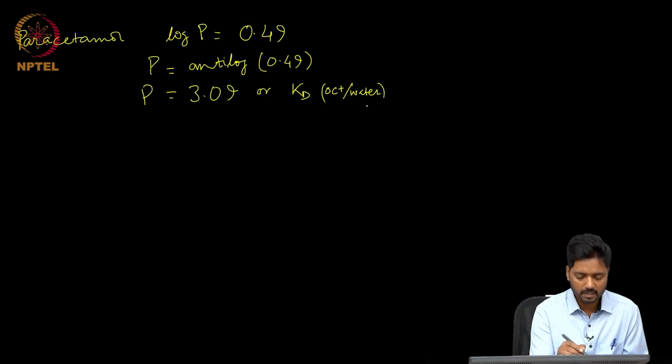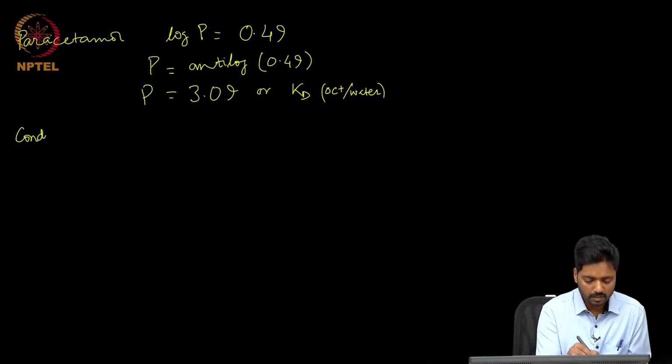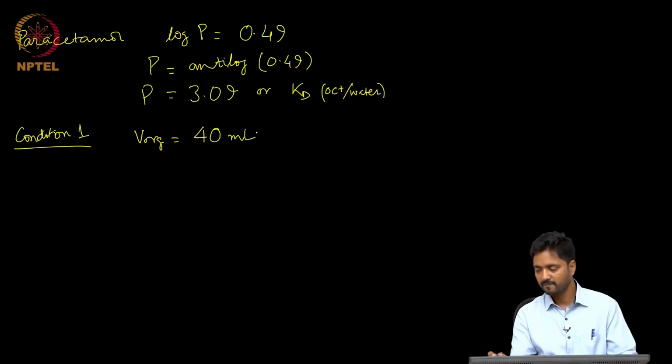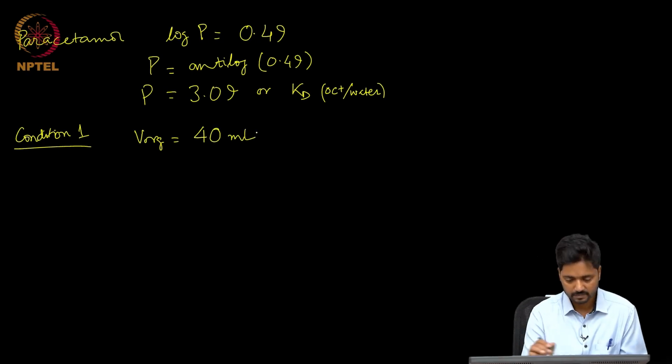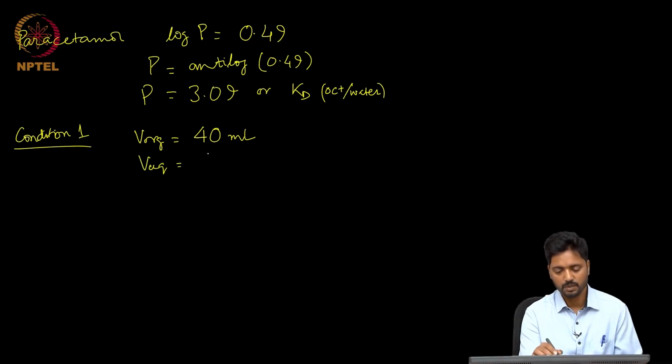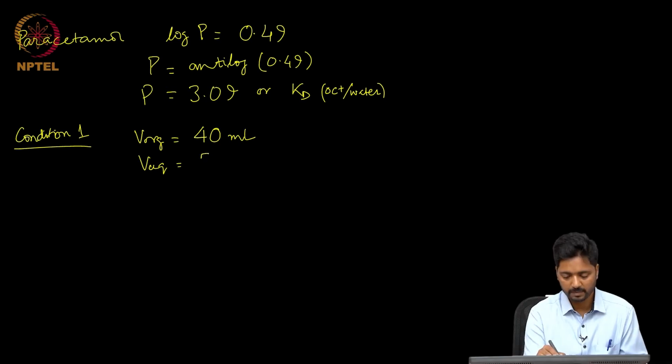So, here condition 1 tells us that we have the V org as equal to 40 ml and the V aqueous is equal to 50 ml.